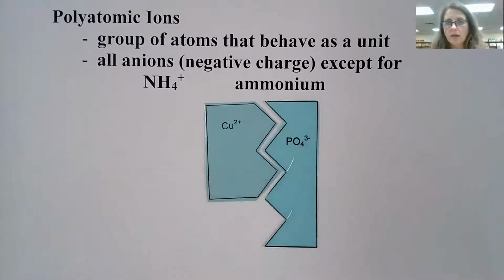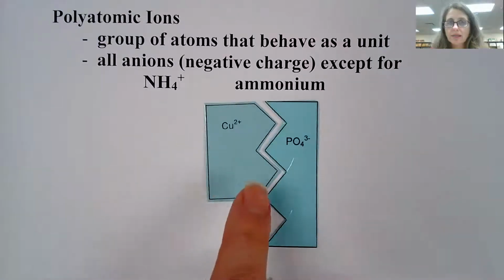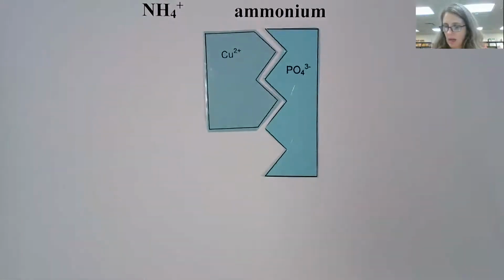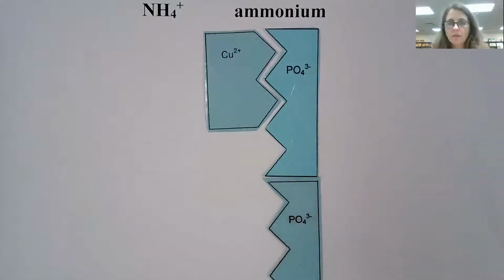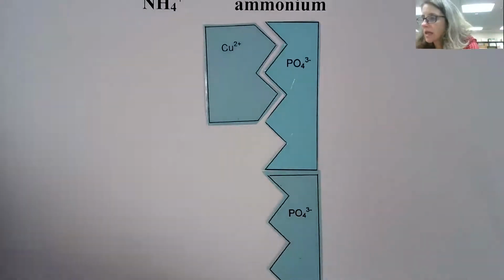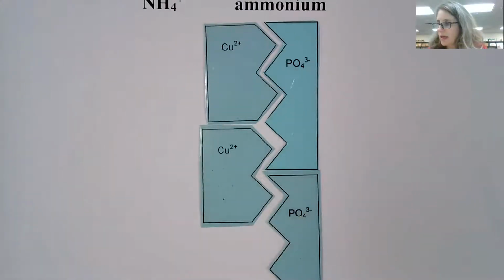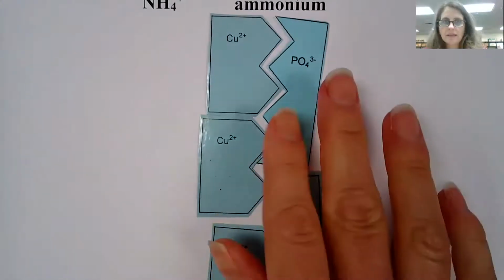So if I was trying to put together copper 2+ and PO4 3 minus, I would actually have to have 2 of the PO4 3 minus, and I would need to have 3 of the copper 2+ to get it exactly to 0.